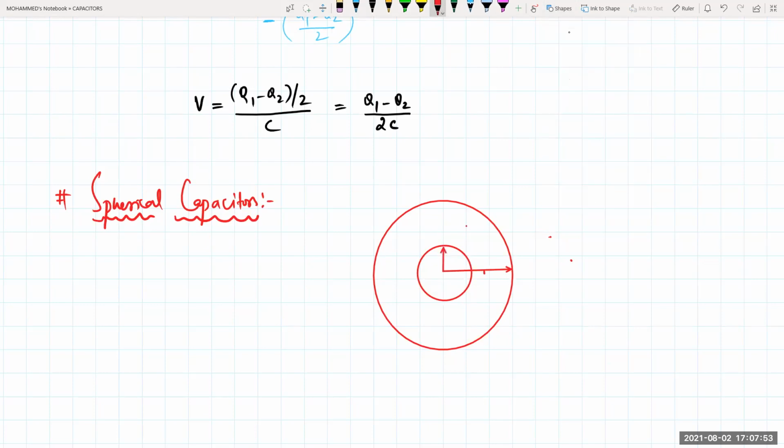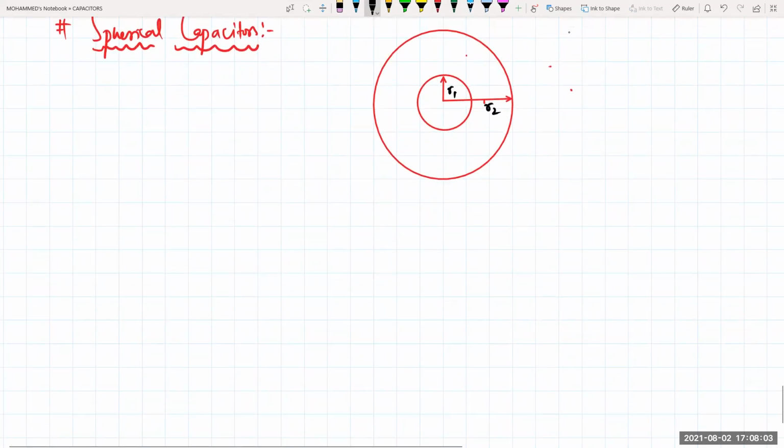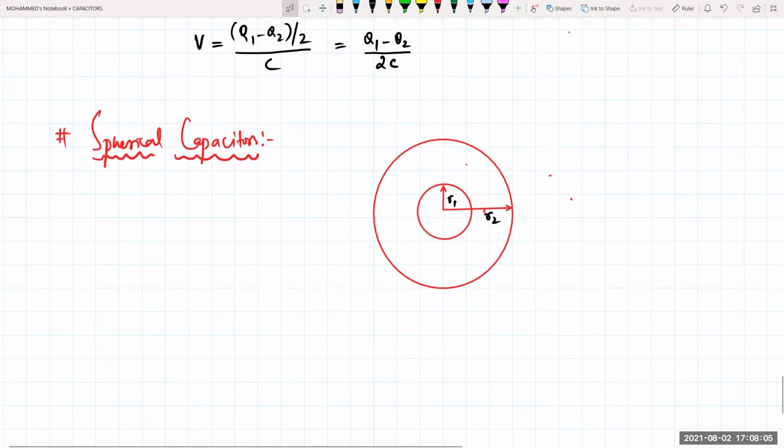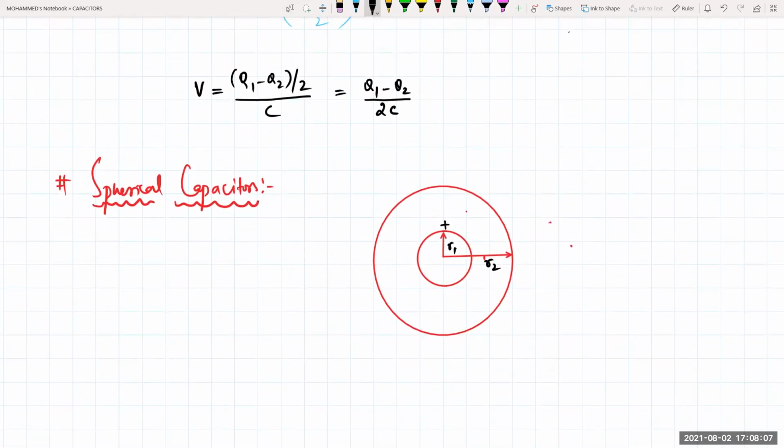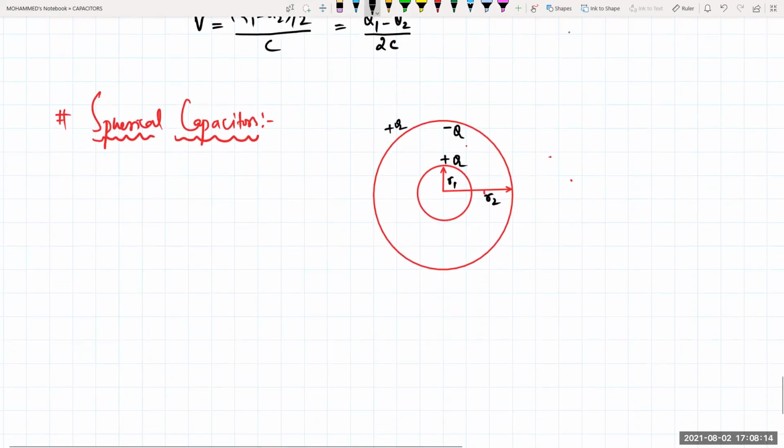The outer radius is R2, and the inner radius is R1. Whenever we have two radii, charge will always reside on the outer surface. So this will be plus Q, this will be minus Q, and this will be plus Q.